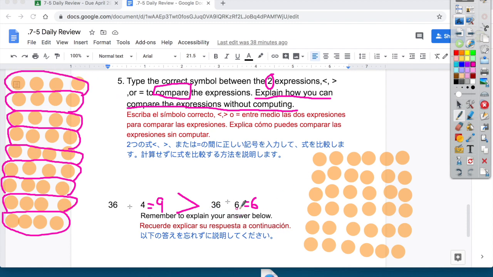Because you're dividing 36 by 6, you're going to have less groups. Sorry guys, my circle is horrendous.